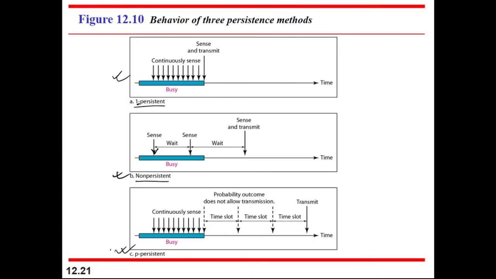Okay, so in p-persistent, when a station finds out that the line is idle, there are some steps it needs to follow. So what are the steps?